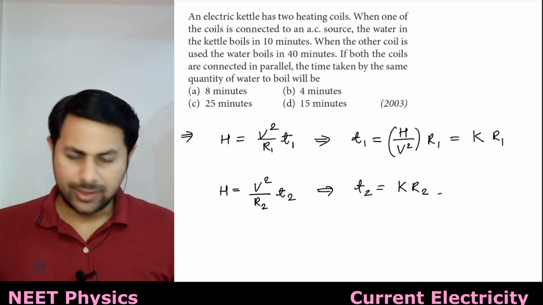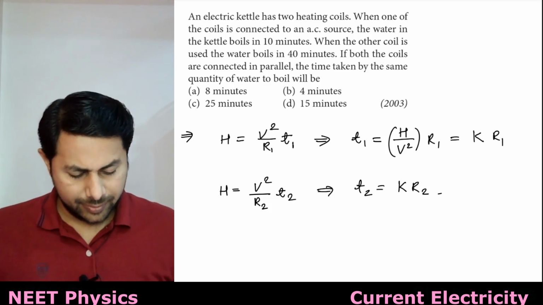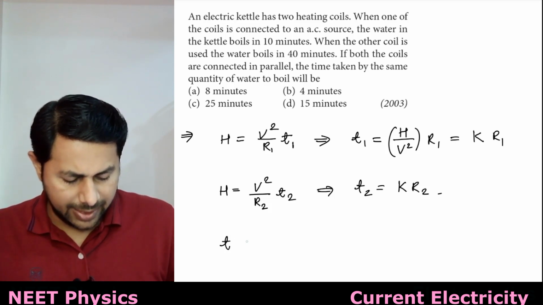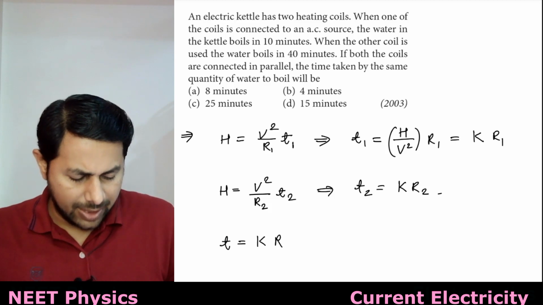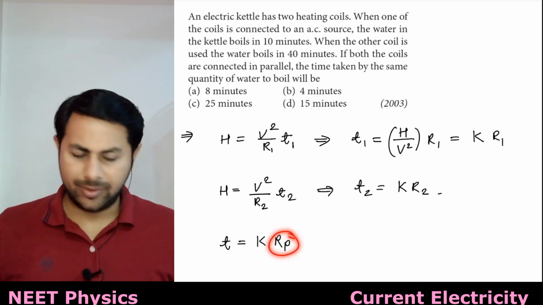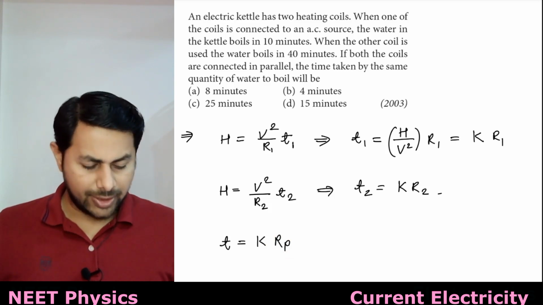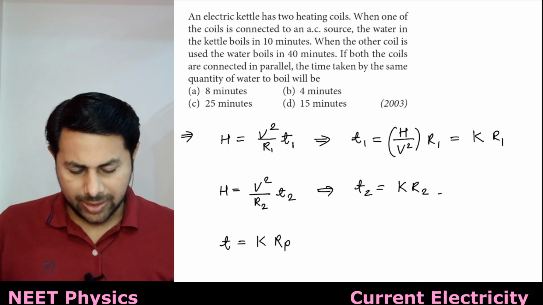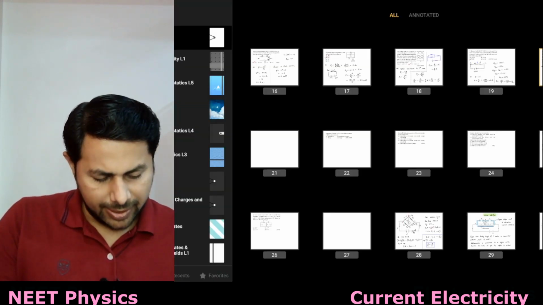The time taken in this case would be the same K times Rp. So what is Rp? Rp is R1 R2 divided by R1 plus R2.